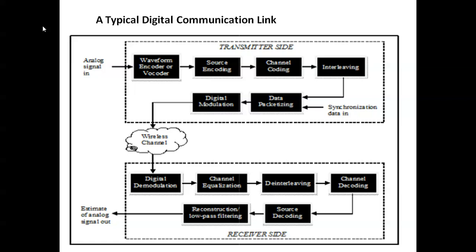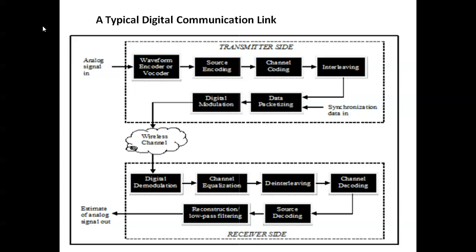A typical digital communication diagram is shown, showing how digital communication works. There is an analog signal, a transmitter side and a receiver side, and a waveform encoder or decoder.